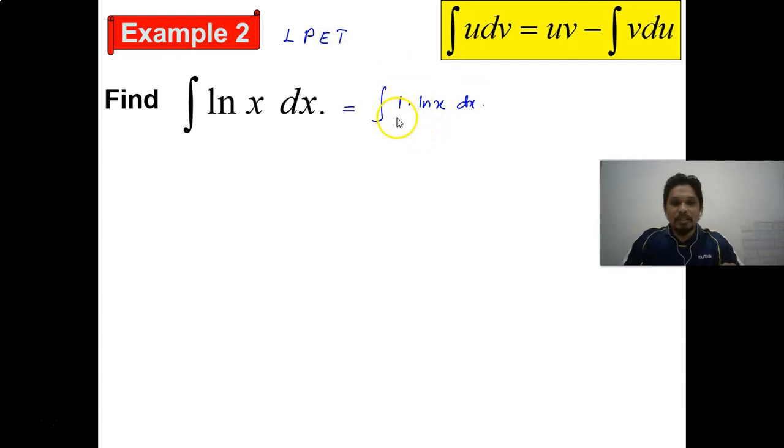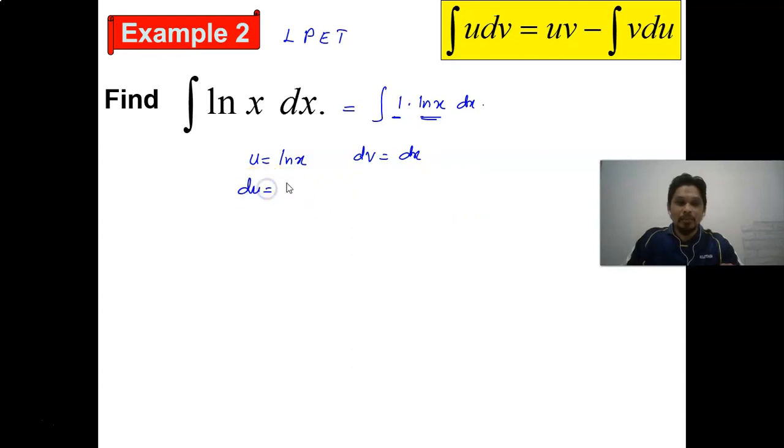Then we classify this as a polynomial, and this is log. So u equal to natural log of x, and dv equal to 1 dx.